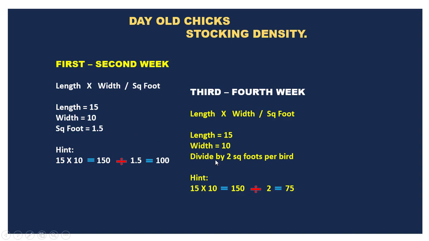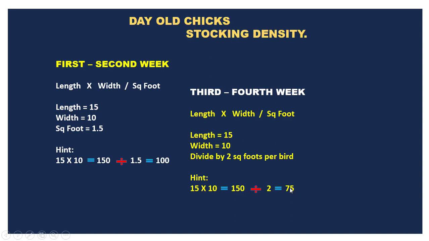So now you divide by 2 square foot per bird. So we have 15 by 10 equal to 150, and divide by 2, which is the square foot, which is equal to 75. So instead of carrying up to 100, it now reduces to 75.